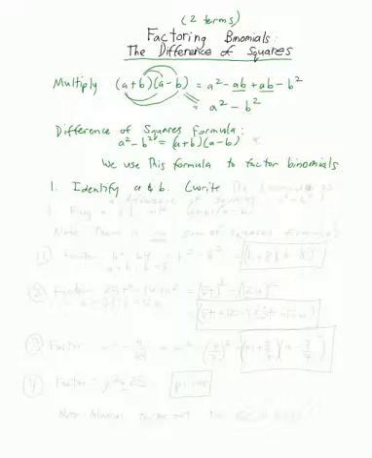We do that by writing the binomial as a difference of squares. In other words, a squared minus b squared. You just have to write it in that form. Step two, plug a and b into (a + b)(a - b). In other words, the right side of that formula. The formula right here.